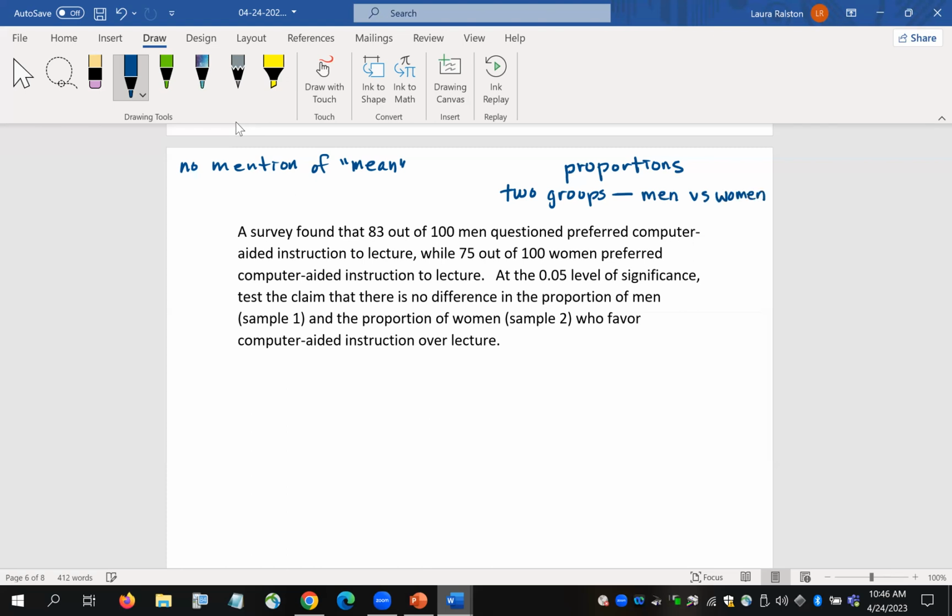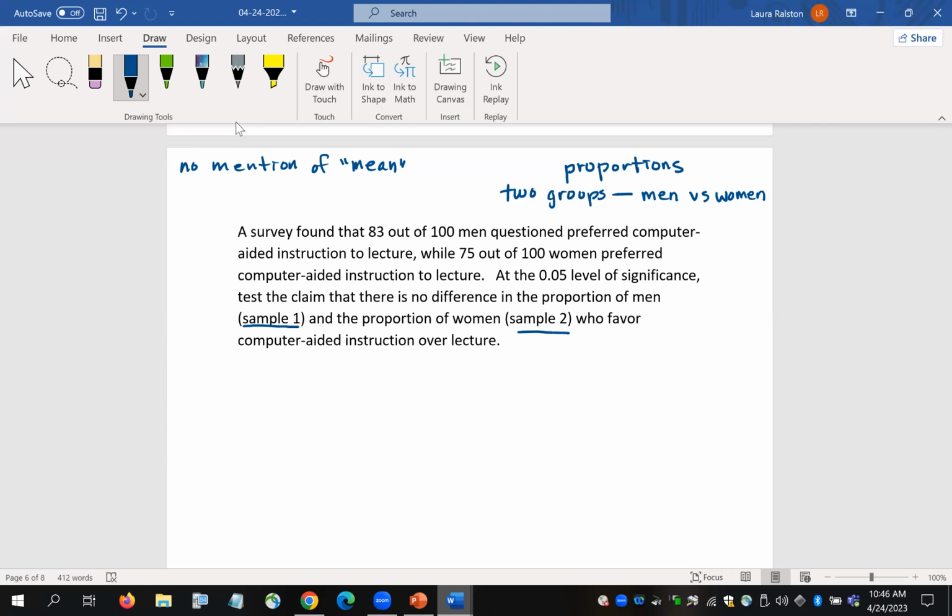And it even helps me to recognize that because it tells me down here sample 1 and sample 2. How did they decide which one was sample 1 and which one was sample 2? Usually, here's how it works, guys. Whichever group is mentioned first becomes sample 1.